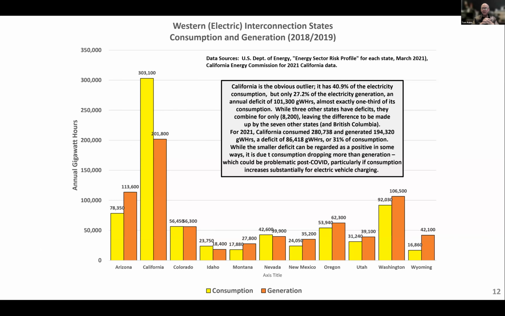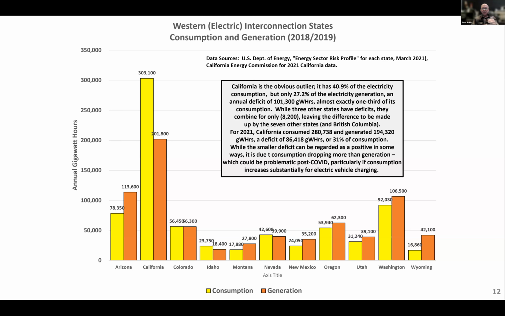Now, here is how we fare next to the most important other states. There are 3 interties in the U.S., the Western, the Eastern, and Texas, which is all by itself. And the borders do not fall cleanly on the state borders.